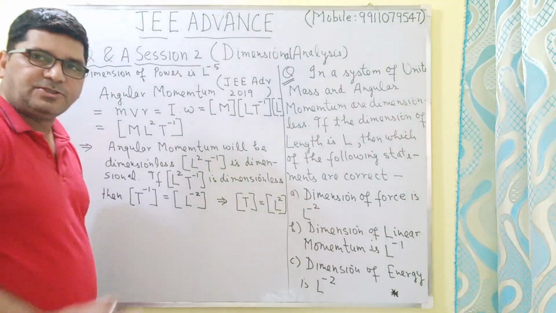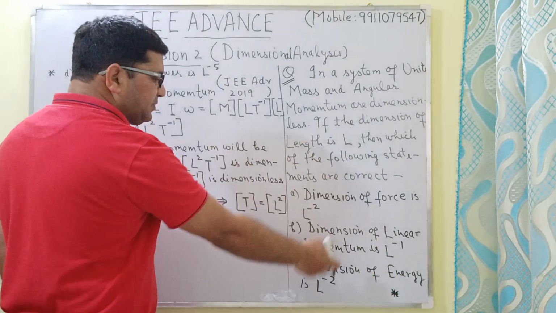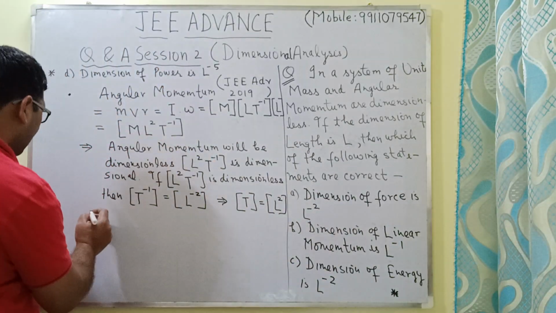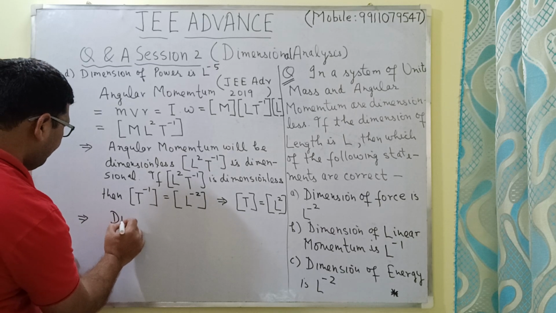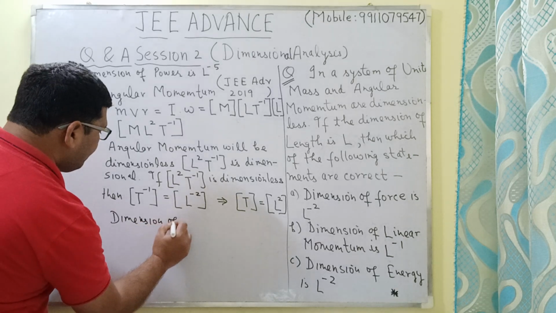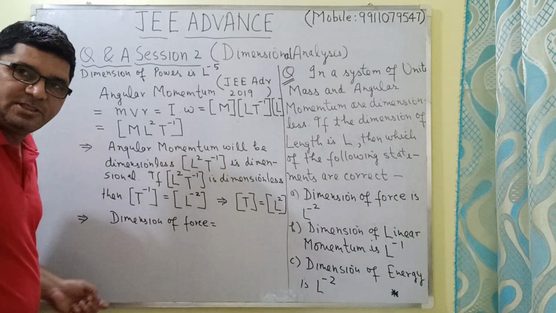Now the question is very simple. You have to find the dimension of all these four parameters, and we will be able to find the correct alternatives. So the dimension of force. Force is equal to mass into acceleration.